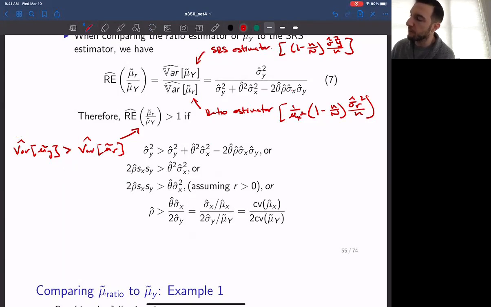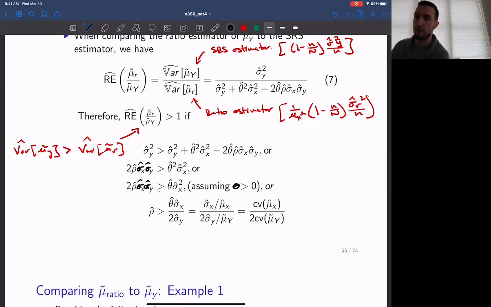But also when, for example, 2 times the correlation multiplied by the standard deviations exceeds theta times sigma squared x, but this assumes that theta is greater than 0.